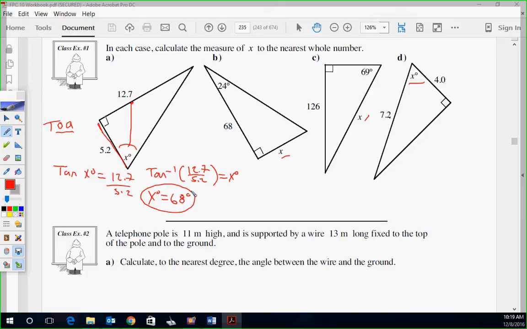If this is 68, what's this? 22, right? So does 22 make the smallest side? Yeah. So it makes sense. You feel good about your answer based on that.